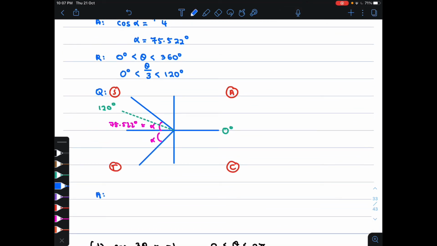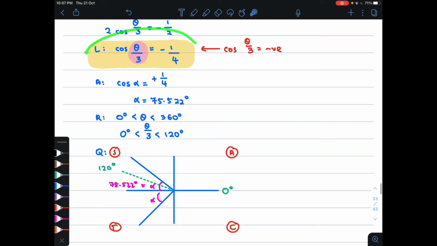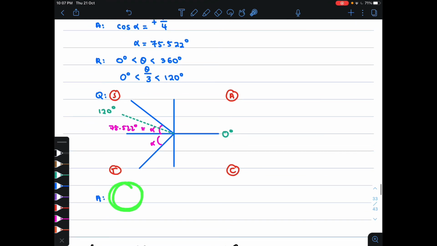Now A is answer. So let's look back at our linear form. Look here, we have theta over 3. Therefore here should also be theta over 3. Note that theta over 3 should be between 0 degrees and 120 degrees only. And 120 degrees is positive.